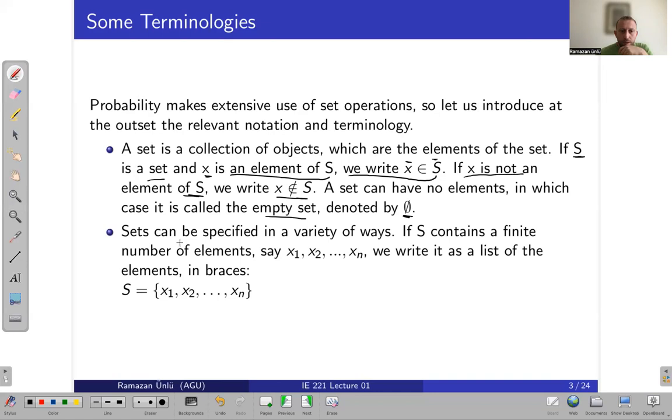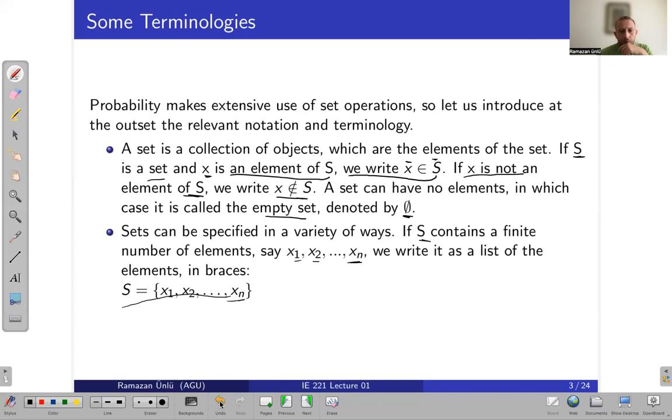We can determine sets in a variety of ways. If S contains a finite number of elements, x1, x2 until xn, we write it as a list of the elements in braces, like this. This is our set.